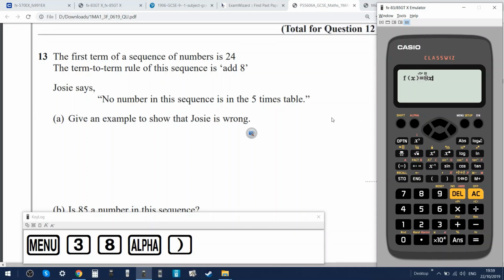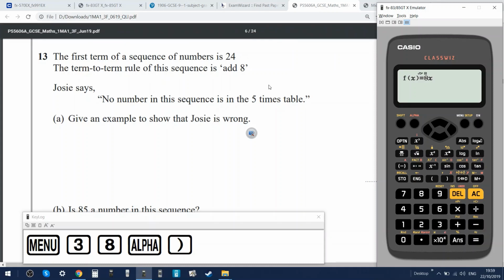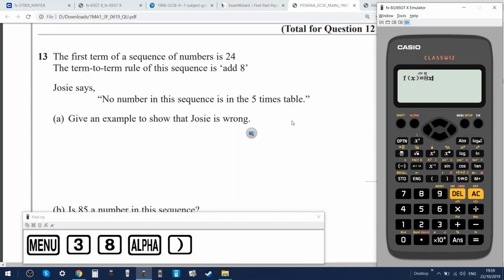It's like 8n or whatever. But what is the first number in the 8 times table? It is 8. But they are saying the first number has to be 24. So how much do you have to add on to 8 to make it 24? You have to add on an extra 16. If you're 8 years old and then you are 16 years older, that is 24 years old.